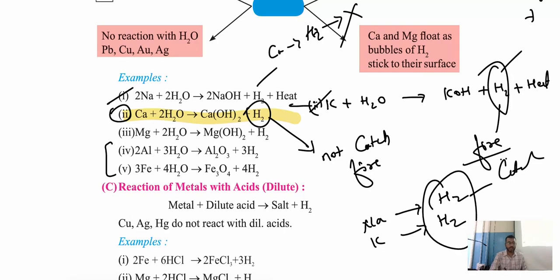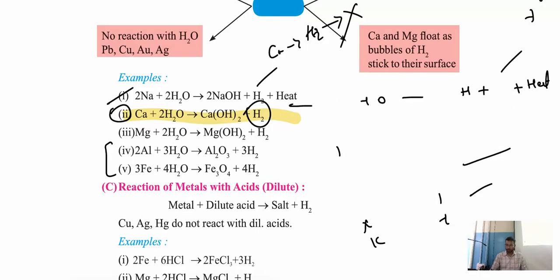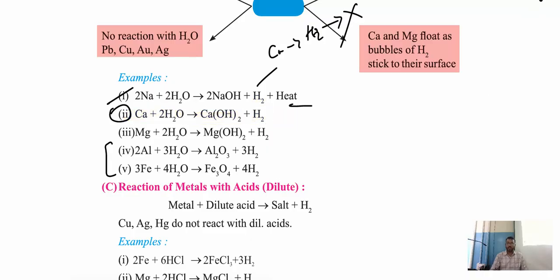Please make a note. One important point here. One general formula so that you will not get confused. Even in the exam they will give the word like water or steam. Okay, don't get confused.